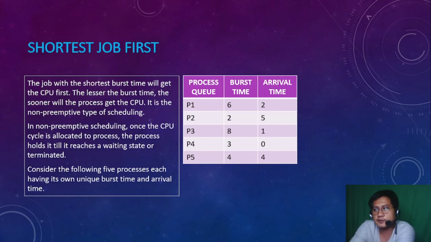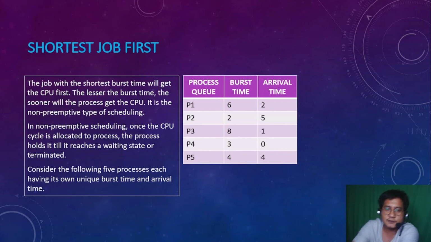The first come first serve looks into the arrival time of each of the processes, and the round robin provides a quantum slice for each of the processes to be executed until all the processes are executed in the central processing unit. The shortest job first will look into the burst time of each process. The shorter the burst time, the sooner it will get the time of the central processing unit.